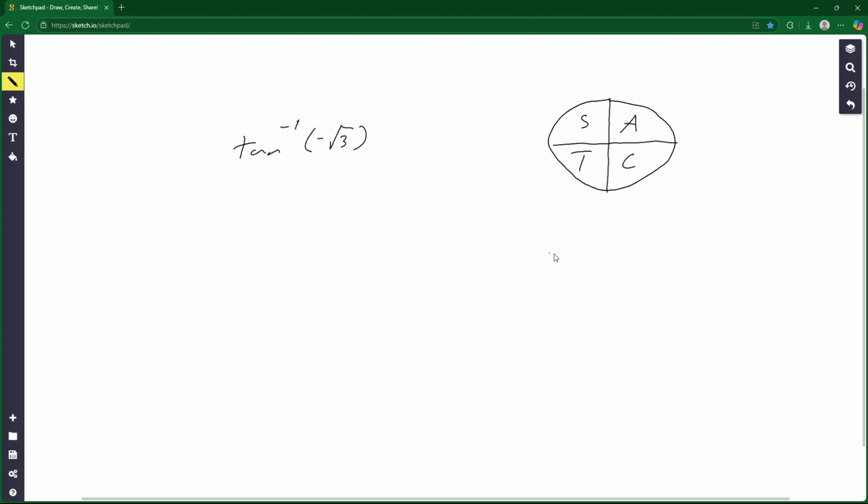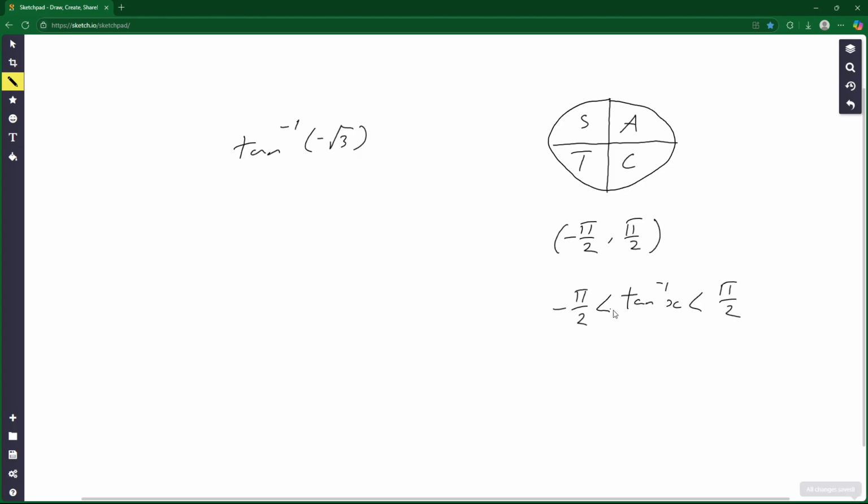However, tangent's range is going to be from negative pi over 2 to pi over 2. Or this can be rewritten as this.